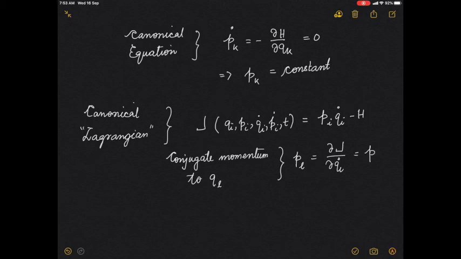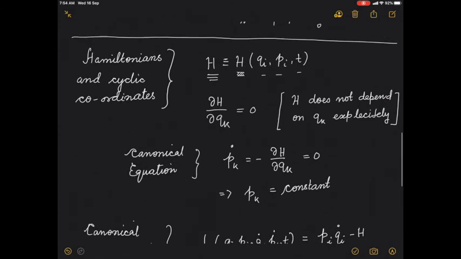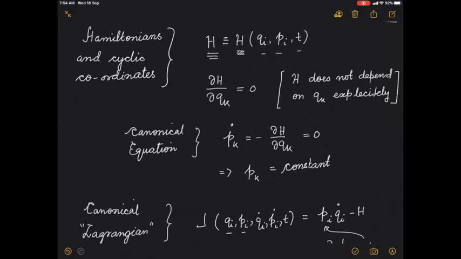So this is PI. This is the same thing as this. So let me put this with a bar over here, so that this P, whatever stands here, is essentially the conjugate momentum. So this P is the conjugate momentum of this coordinate Q in this particular case of the Lagrangian.